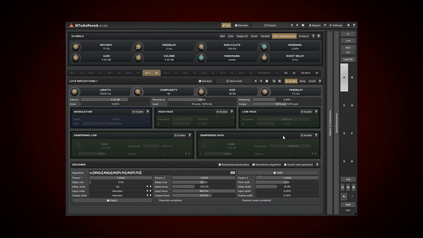Let's start with the dampening high parameter. When on, the high frequencies will get gradually reduced. The low-pass filter cuts high frequency as well. However, in contrast to the dampening high block, the effect it brings is static.